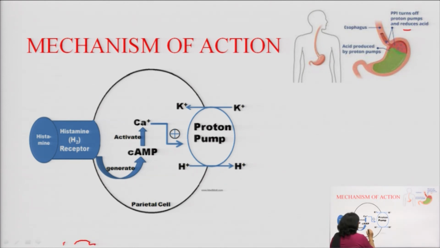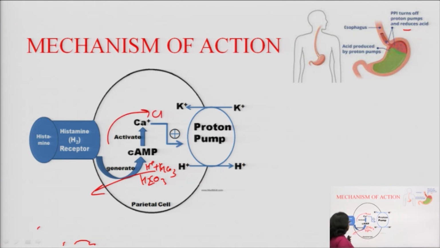Here carbonic acid, H2CO3, is formed by the carbonic anhydrase enzyme. After that it breaks into H plus and bicarbonate ion. These bicarbonate ions will leave, and there is an exchange between bicarbonate and chloride.